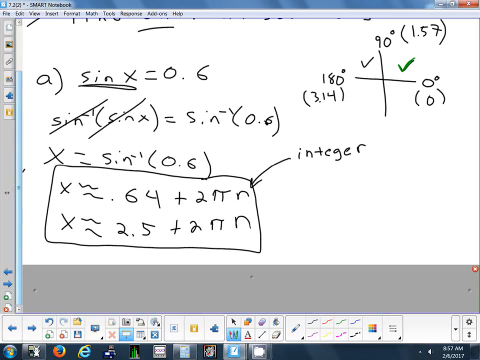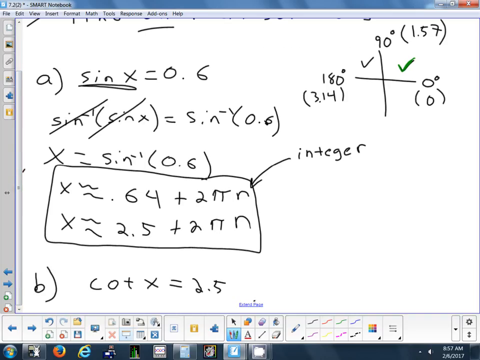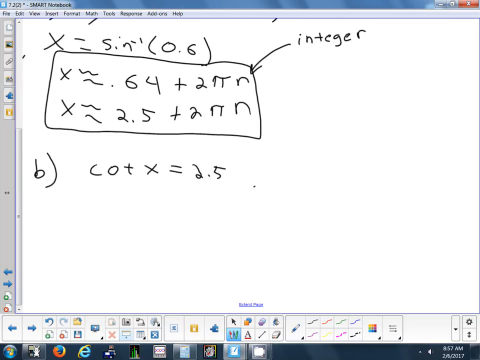All right, so let's try this one. Pretty much the same steps, except there's one thing that complicates a little bit. You can't just start by taking the inverse of this function on each side, because you don't have that function. So cotangent is related to what other regular trig function?